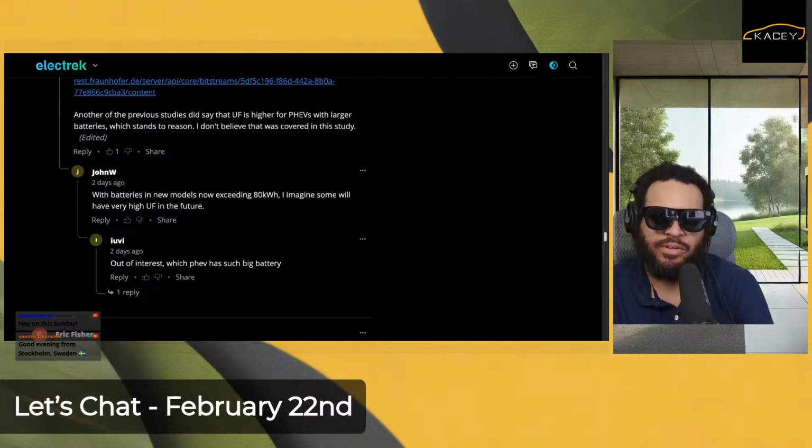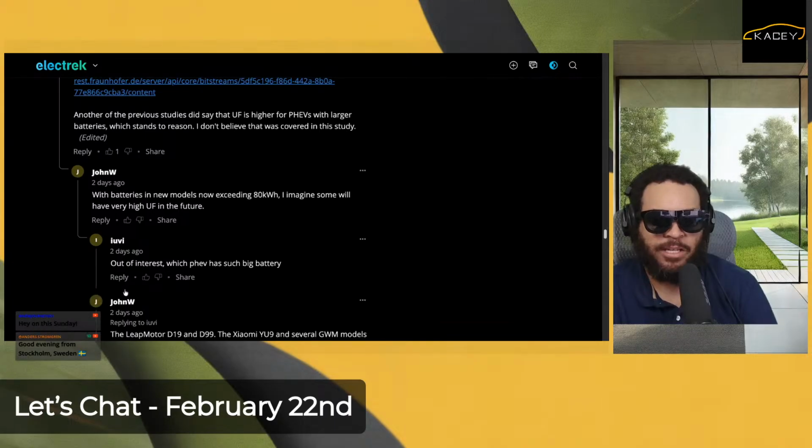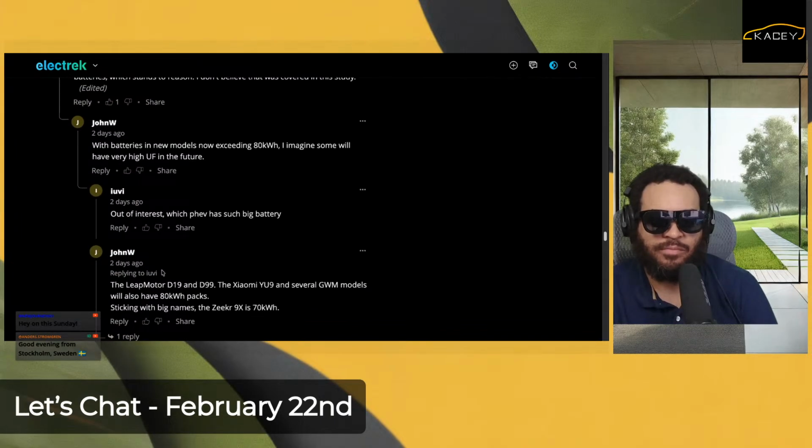Out of interest, which PHEV has such a big battery? That's a good question, because for me, pickup trucks. Everything else, I don't know. Let's find out. He says the Leap Motor D19 and D99 and the Xiaomi YU9 and several GWM models also have 80 kilowatt hour packs.